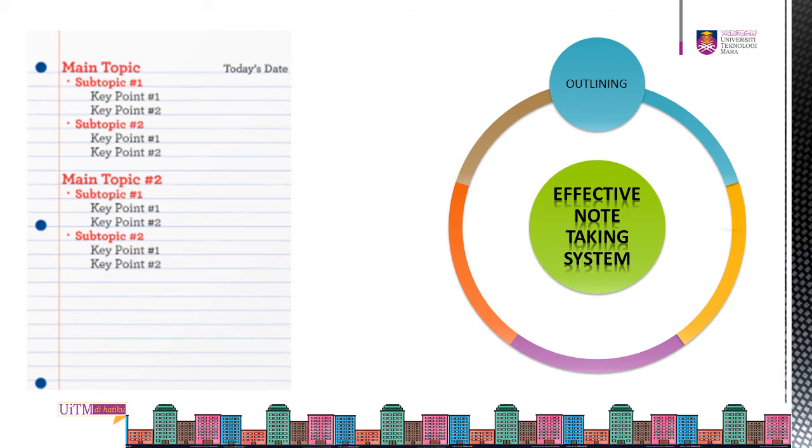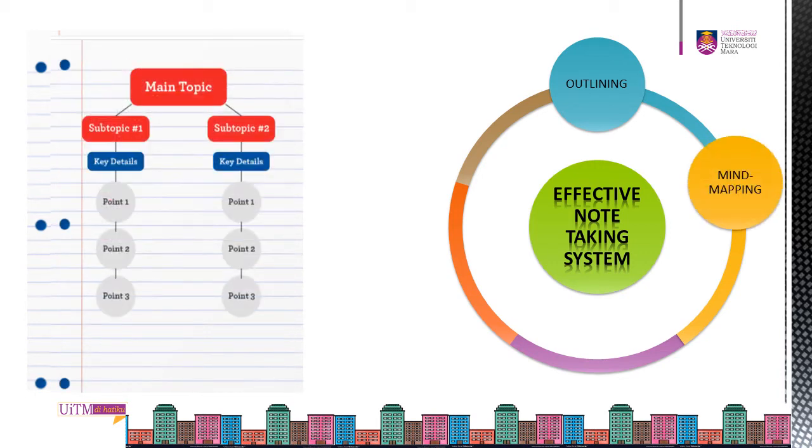Next is the mind mapping method. This one is very good for visual learners, because it is in the form of a mind map, and some people find it very difficult to look at very long sentences or notes. So mind mapping is a good method for them to adopt.